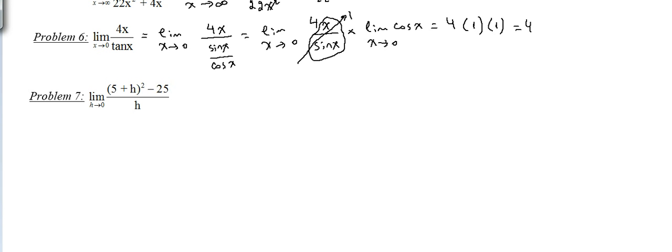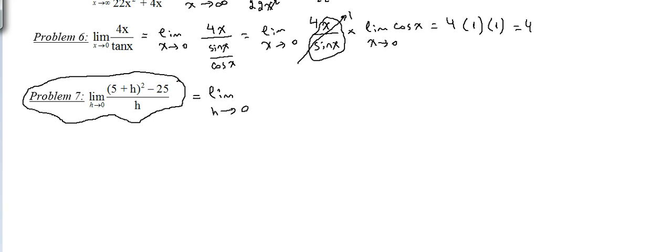Okay, problem 7, it's 5 plus h squared minus 25 over h as h tends to 0. And this is very important because in the next chapters we are going to see the derivative, and we are going to use this form to find derivatives. So it's equal to the limit as h tends to 0. We can factorize the numerator, which is a squared minus b squared.